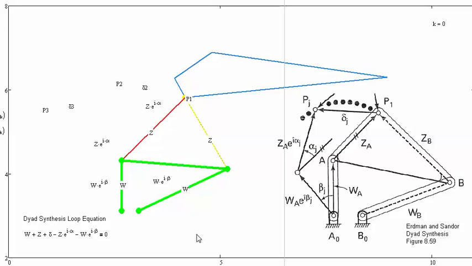Now let's describe some terminology. In this picture, there is a vector superimposed on this left-hand grounded link, which I would tend to call the input link of a 4-bar.